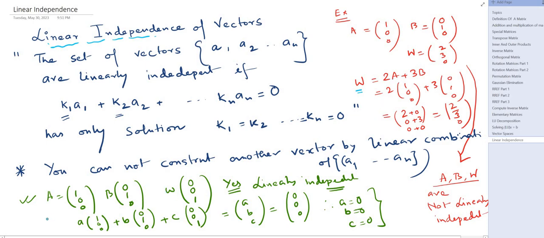But in this case, this set of vectors is linearly independent because you cannot form a linear combination of the others, and if you form a linear combination that gives 0, all the scalar values are actually 0. So that's the theory of this.